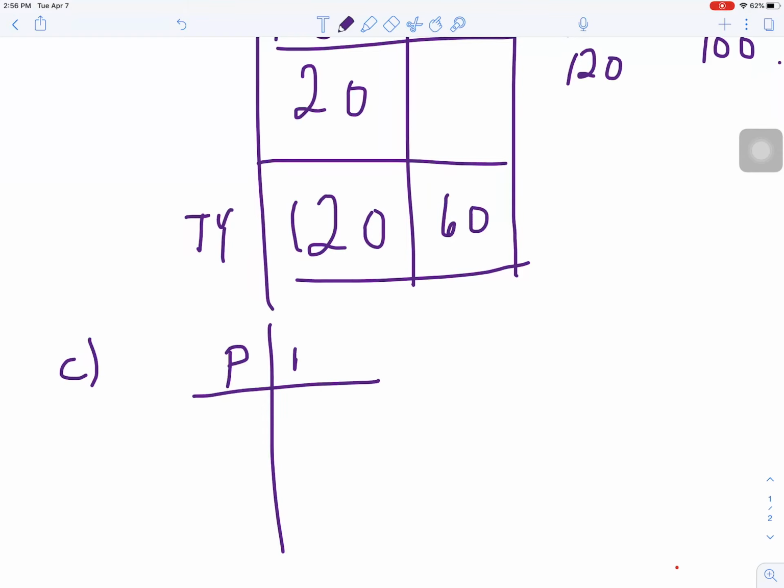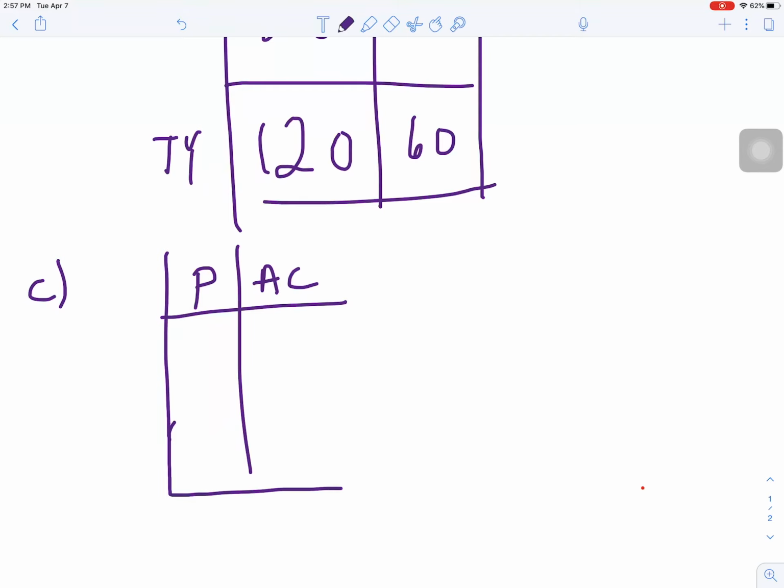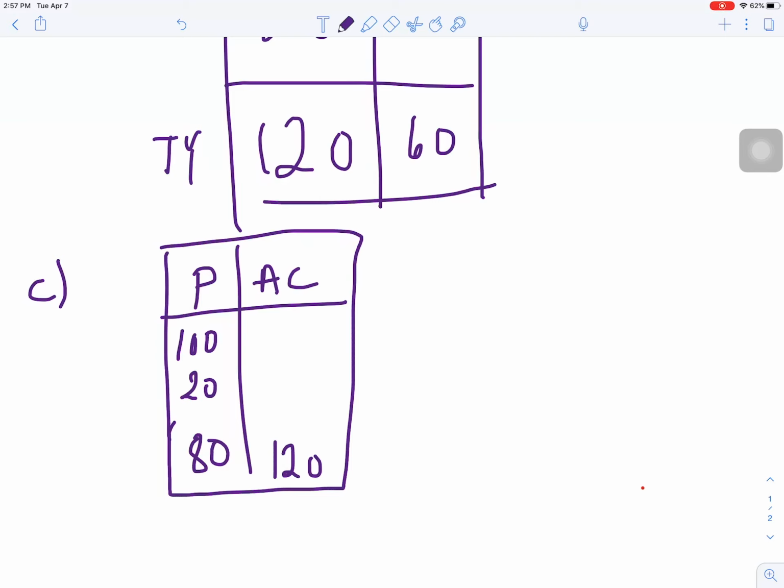C. Again, bikes were on sale. Let's make our chart before we do this. Percent, actual count. Bikes were on sale for 20% off. So it's 100%, we had 20% off, we're going to be sitting at 80% of the price. Thomas bought one for $120. So he went there on sale and bought one at $120. And now it's asking us how much did he save on his bike? Right?